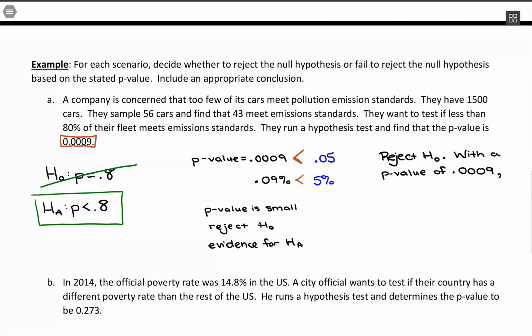And for wording for the alternative, just look near that word test, and you'll have some information to draw from in making your sentence. So I'm just going to say there is evidence, and then copy less than 80% of their fleet meets emission standards.